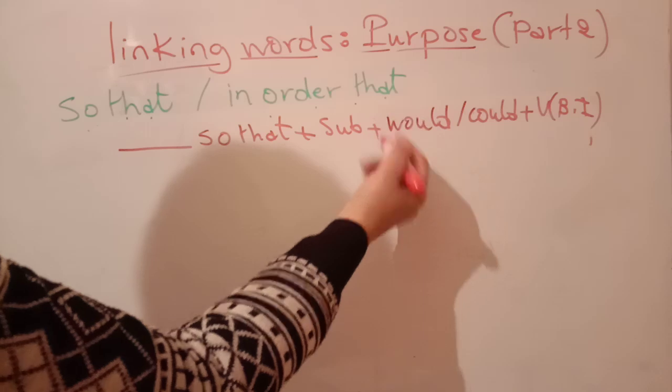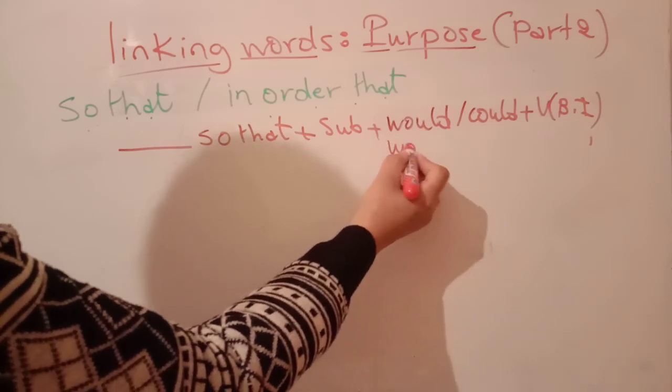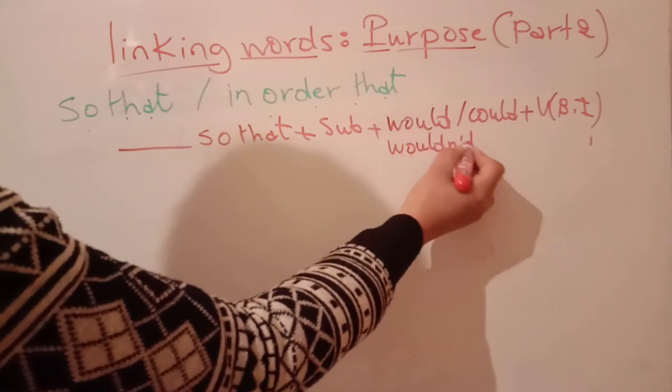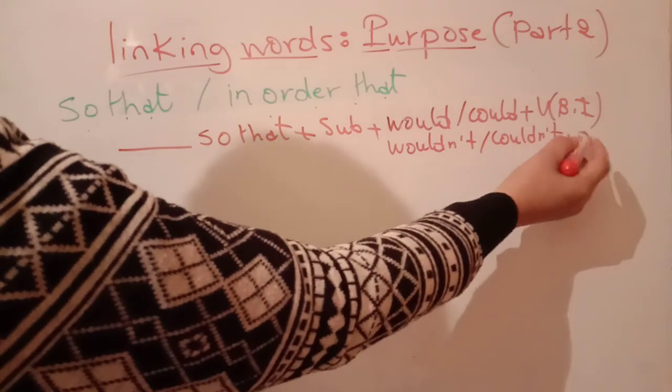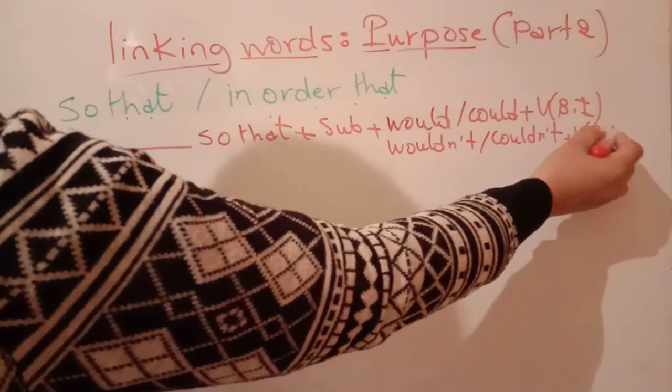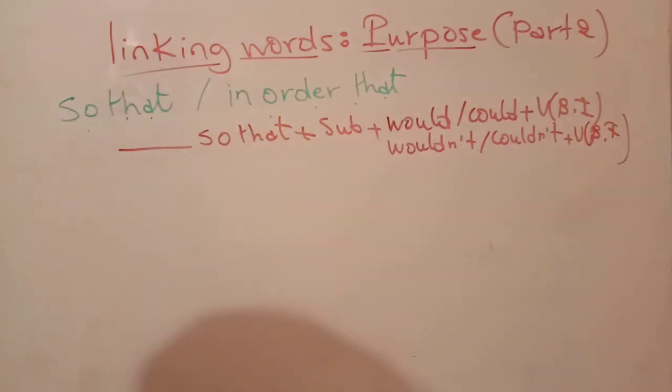If the purpose is in a negative sentence, we are going to use wouldn't or couldn't plus verb bare infinitive. So let's study some examples.